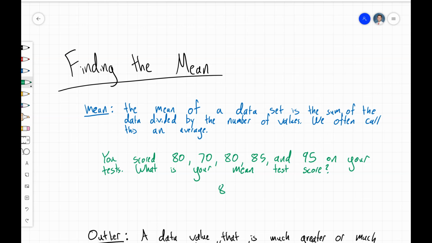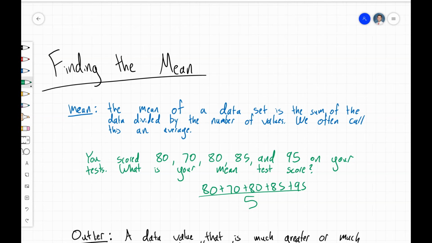So if we add 80 plus 70 plus 80 plus 85 plus 95 and divide that by 5, we will get your mean test score. So 80 plus 70 would be 150, plus 80 would be 230, plus 85 would be 315, plus 95 would be 410.